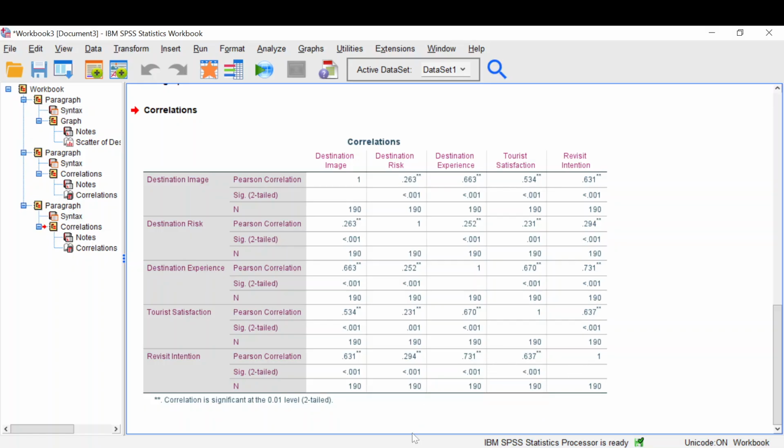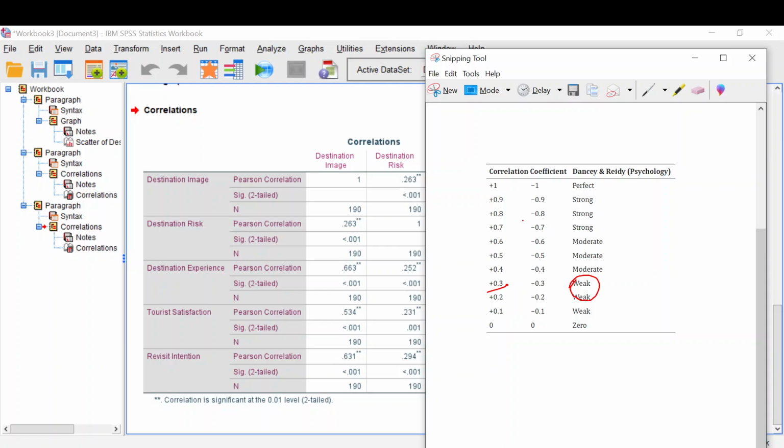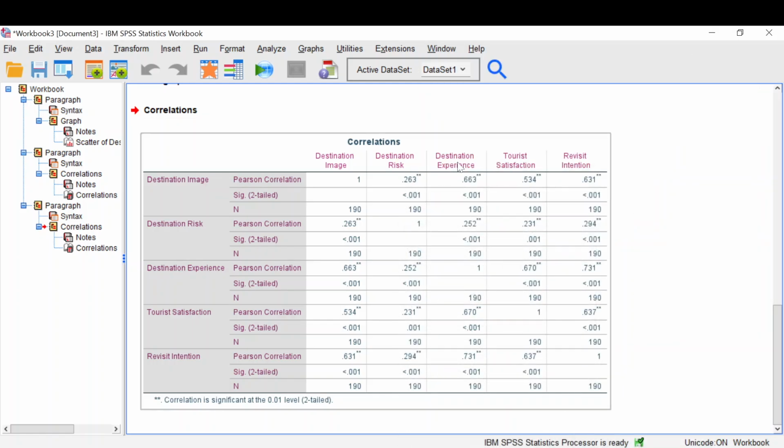If we come back to our table, 0.731 is a strong correlation, and therefore we would reject the null hypothesis if we were to compare experience and revisit intention. We say that there is a significant correlation between these two.